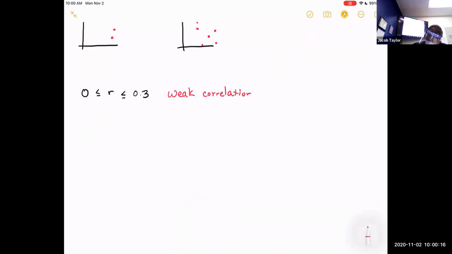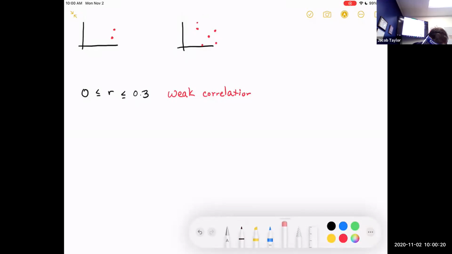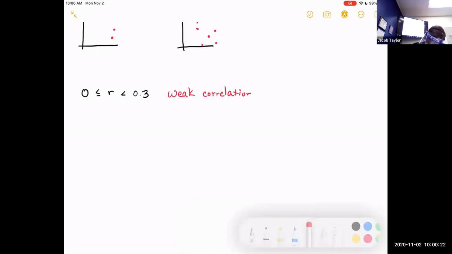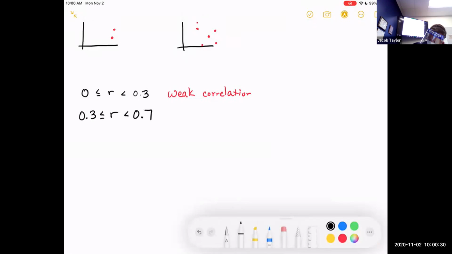If it's 0.3 up to 0.7, we would describe that as being a moderate correlation.